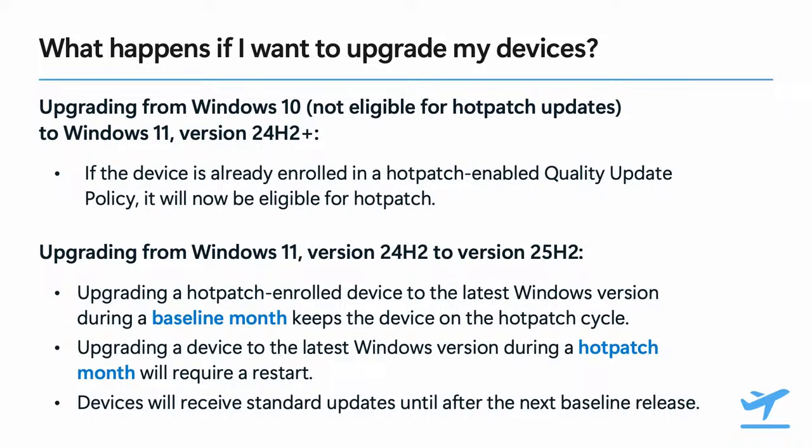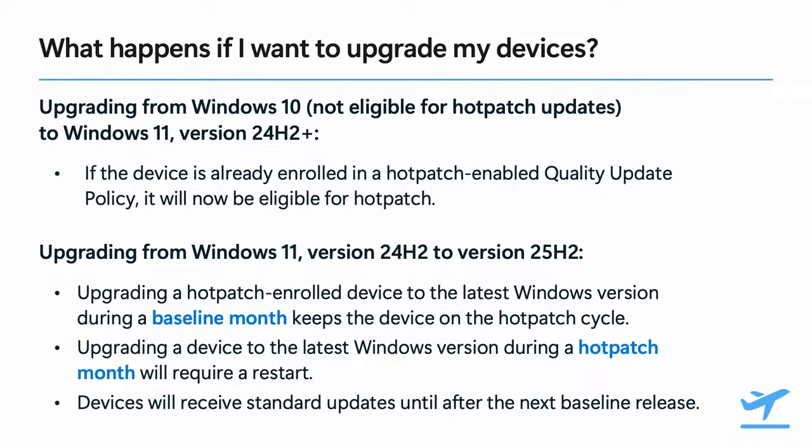For example, if you were to update this machine from Windows 11 24H2 to Windows 11 25H2 in the month of April 2026, which is a Hotpatch baseline release month, that device will receive its first Hotpatch update as a 25H2 device in the month of May 2026.